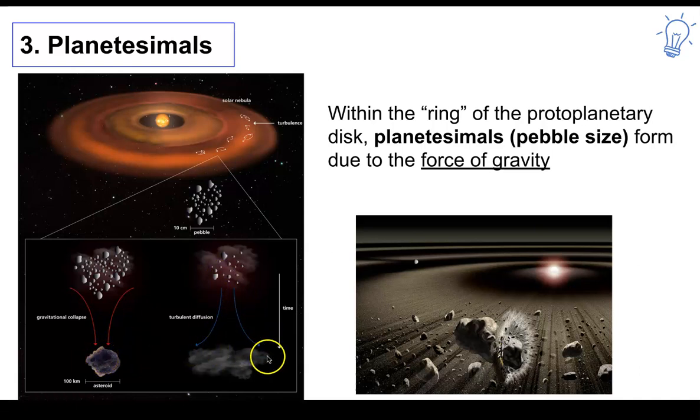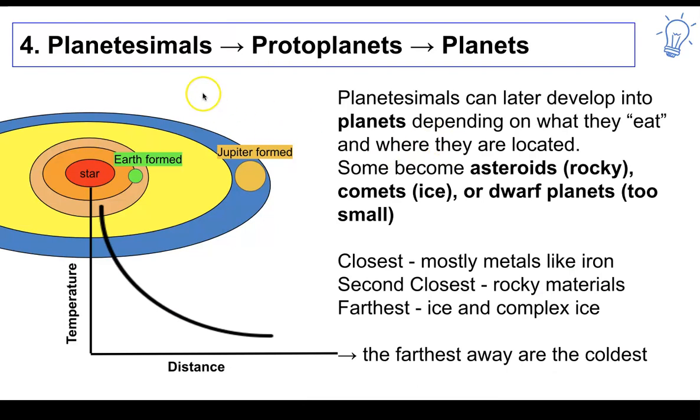Sometimes they spread out because of their running into each other, but gradually over time, these planetesimals build up larger and larger, and we get protoplanets, just like we had a protostar. So those are not yet planets.